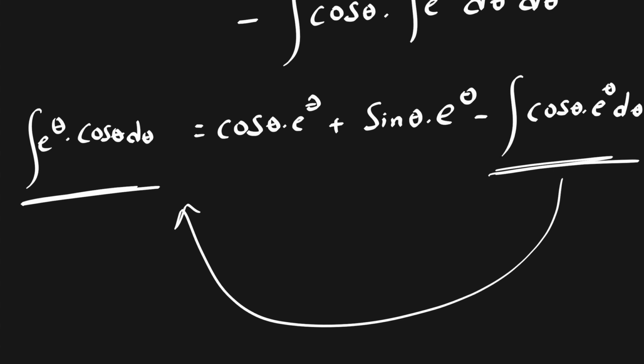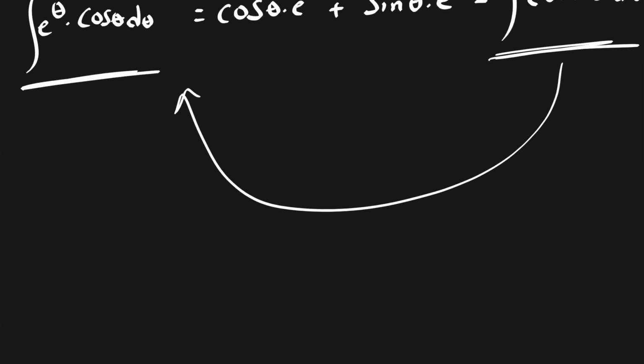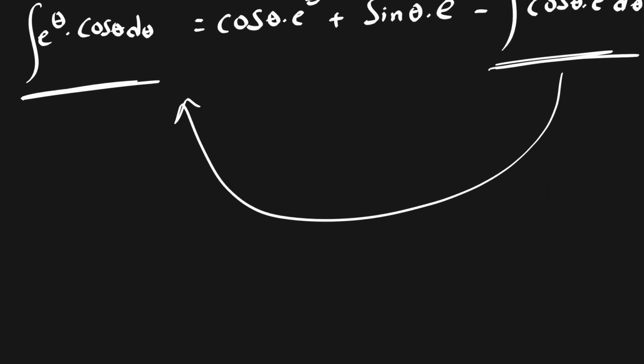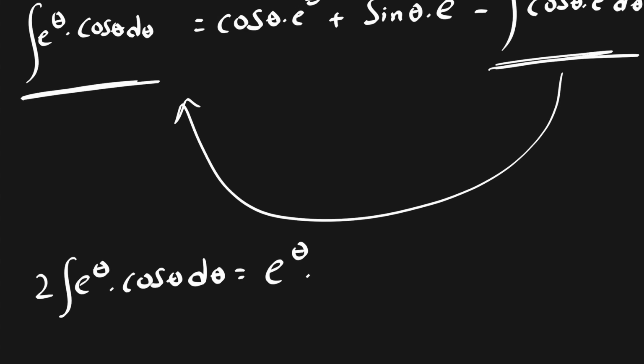So the left hand side will become 2 times integral e to the power of theta cos theta d theta, and the remaining thing is e to the power of theta.